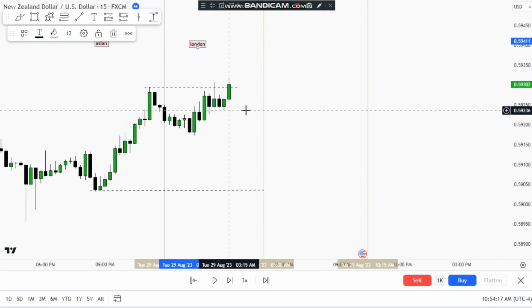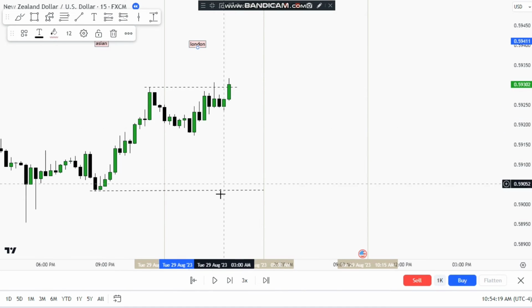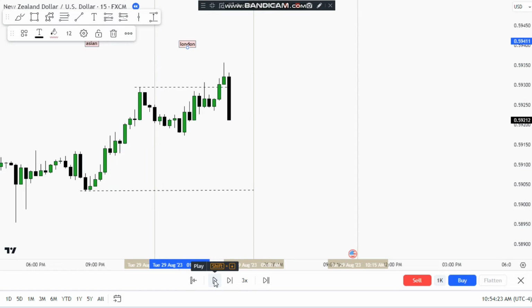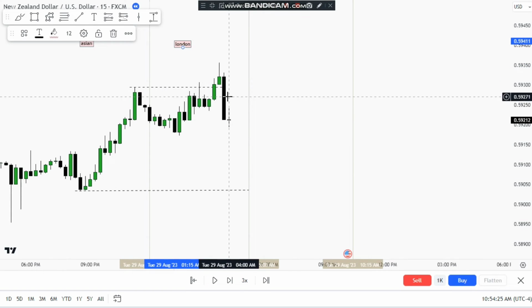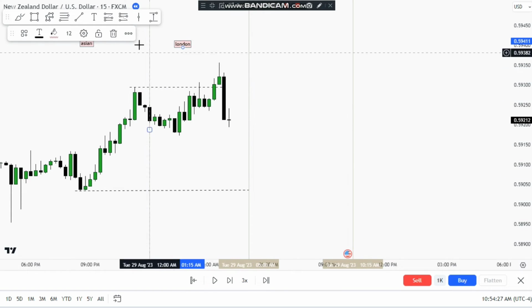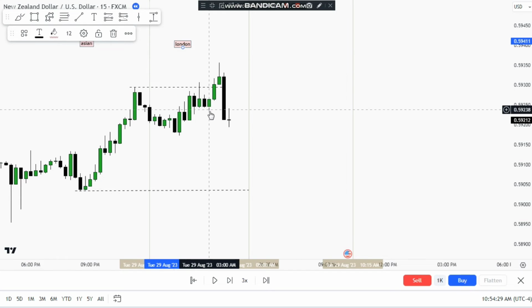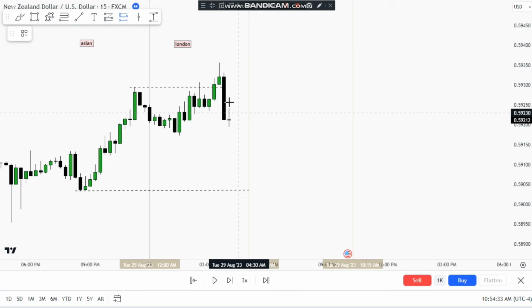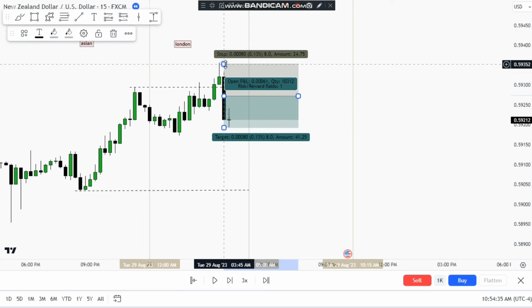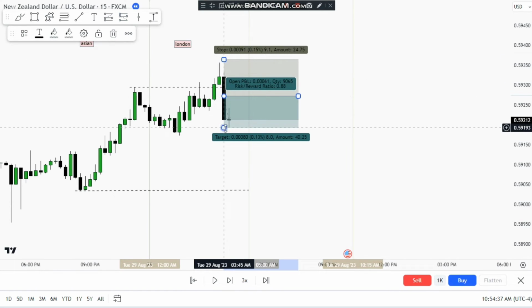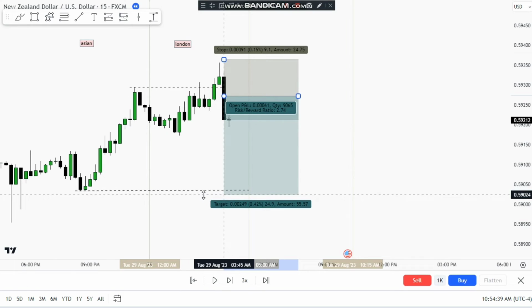Okay, now we will look for any opportunity to short it towards this Asian low. So you can see that we got this order block, that bearish order block, and also it closed below it. So we will put our short entries in this fair value gap, and our stop loss will be above here, and our target will be these lows.